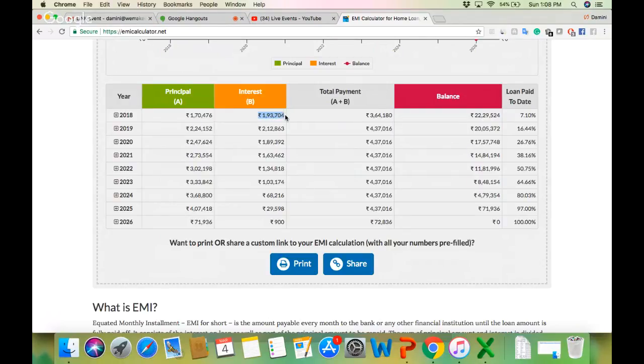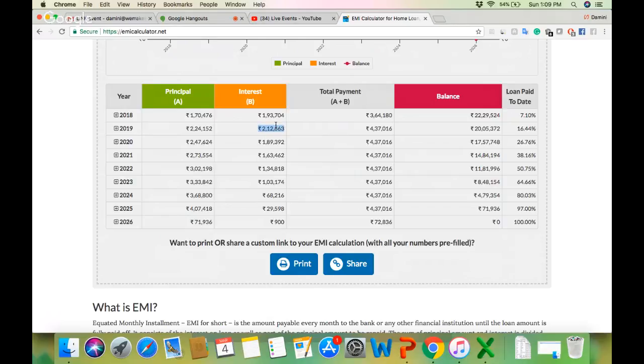You can claim exemption on this interest amount after year one. In the second year you are paying this much principal, but your interest is now a little lesser than principal. You can claim exemption on this whole amount. 30% of that will be exempted back to you. That's what I told you.